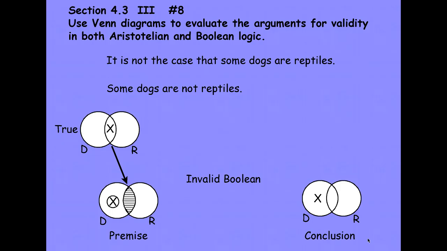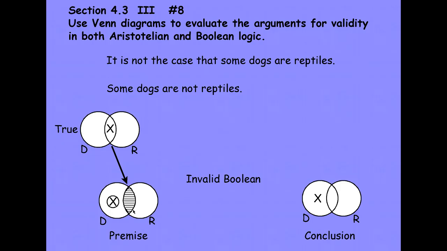My conclusion says, in order to guarantee that this conclusion, this statement, some dogs are not reptiles, is true, there has to be at least one thing. Call it X. It's in my D circle. It is not in my R circle. Now I look over here at my premise diagram. Under the Aristotelian assumption, this is how the world has to be at minimum in order for my premise to be true.